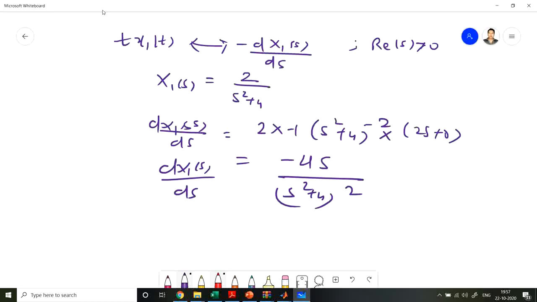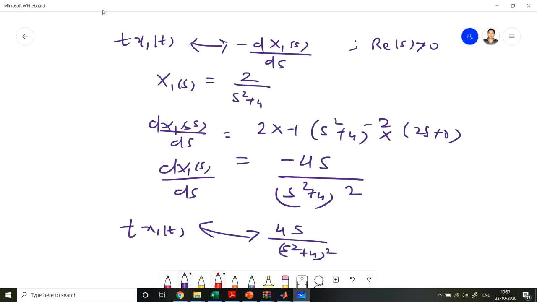So the Laplace transform of t x1t is minus d x1s by ds, we can use this value in this part, so it is 4s divided by s square plus 4 whole square.